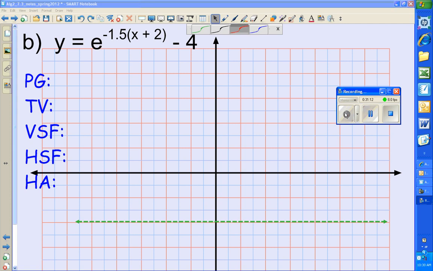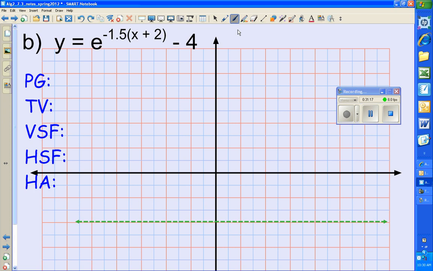So in the list, parent graph, we're still y equals e to the x. But this time we have a translation vector. What is it? -2, -4. There's a couple people who are still changing the -4 to a positive. Be real careful. The D value doesn't have an opposite side. Only the C value.